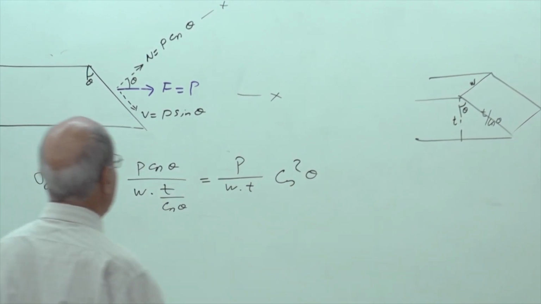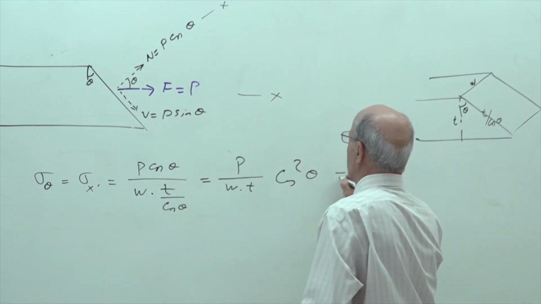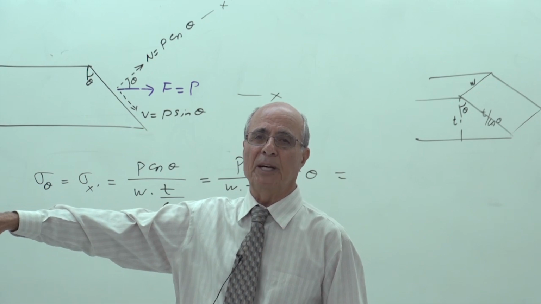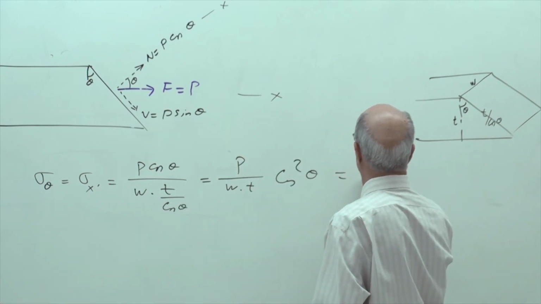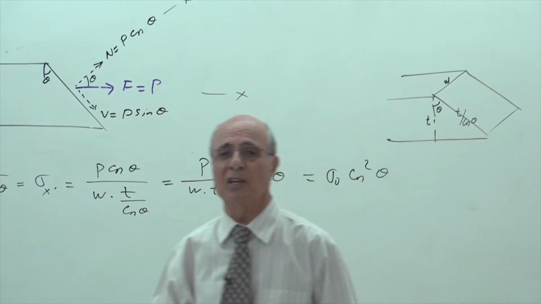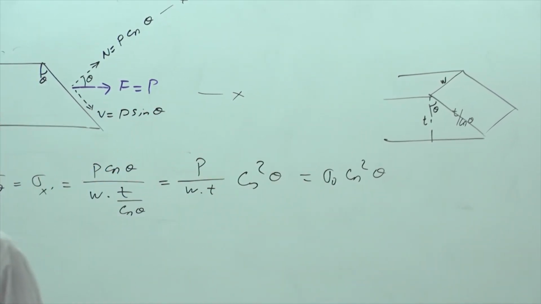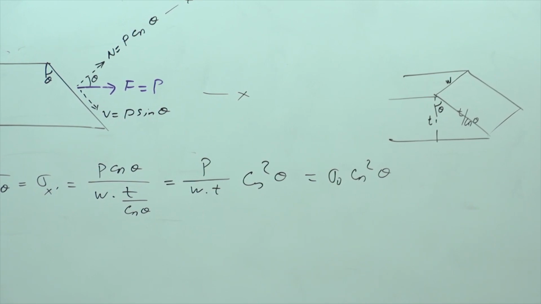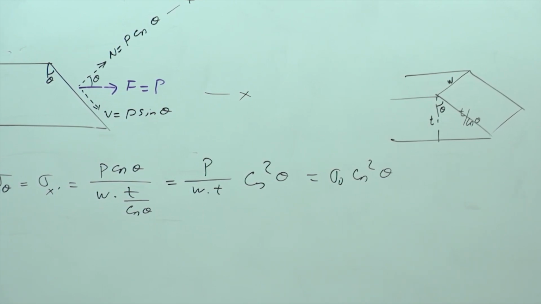How did you come up with that conclusion, my friend? P over WT is sigma O, yes or no, or sigma X. Is that correct or not? Sigma O or sigma X times cosine square. Didn't I say cosine square theta is always less than 1? If cosine of theta is 0.5, the square of that becomes 0.25. It's always less. Is that correct?